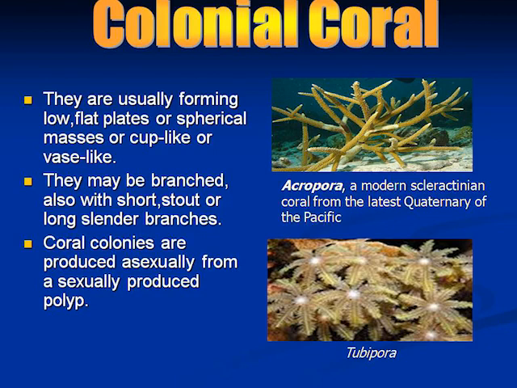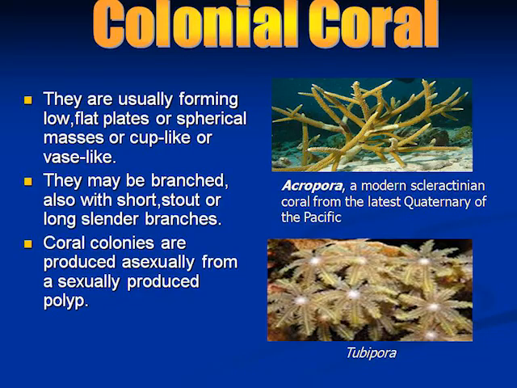They may be branched, ending in long slender branches, and these corals usually reproduce asexually from sexually produced polyps.